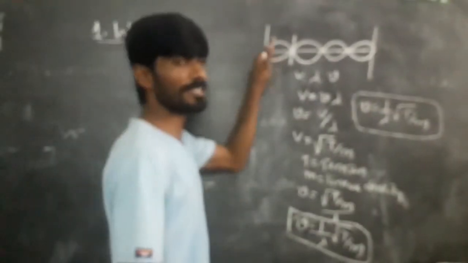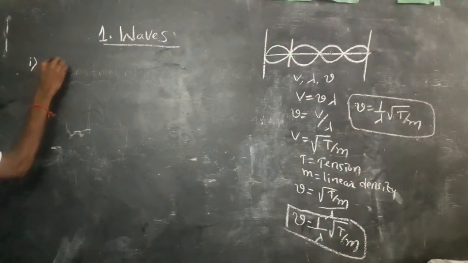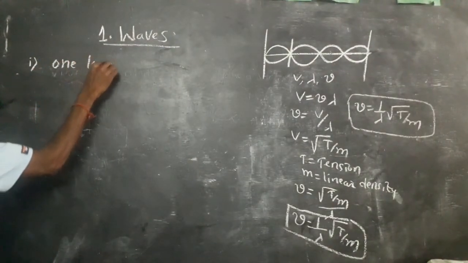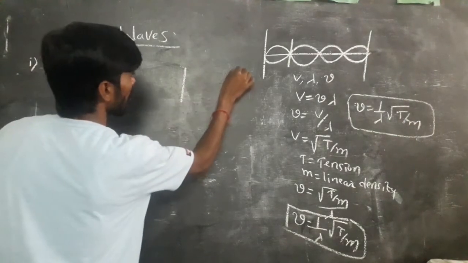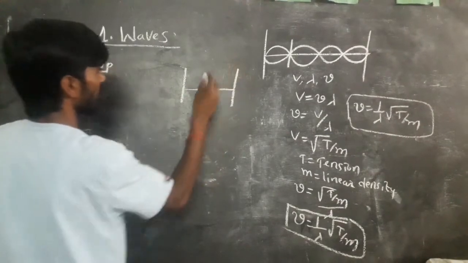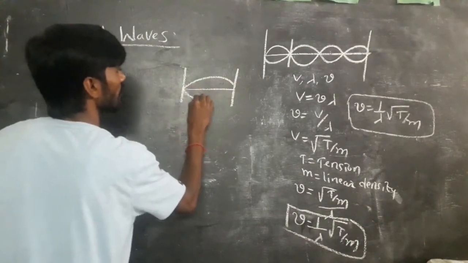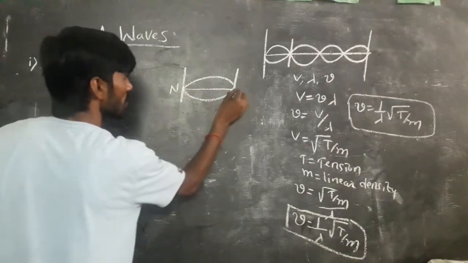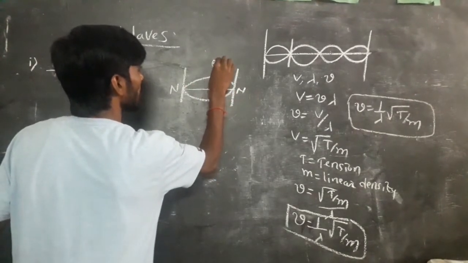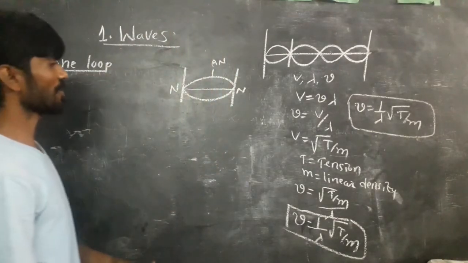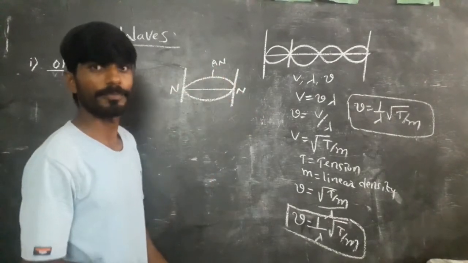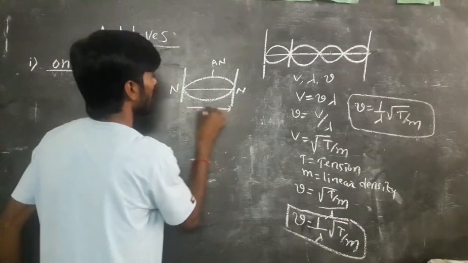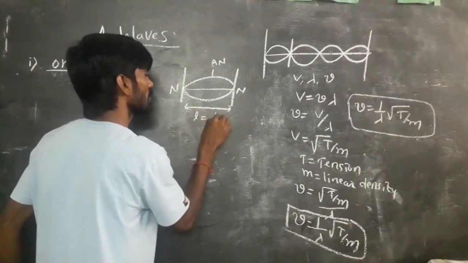In one loop, what is the frequency equation? First one is one loop. When a stationary wave forms in the form of one loop, with two nodes and one antinode, then the length of the stretched wire L is equal to lambda by 2.